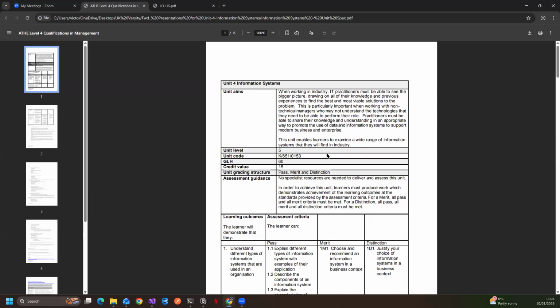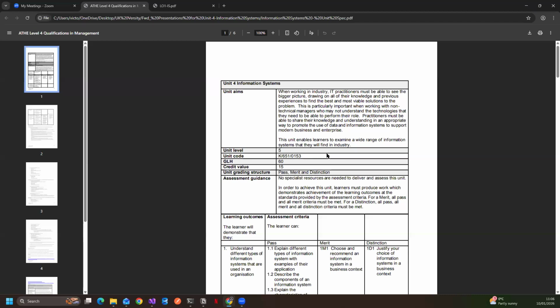So this is a level 5 qualification, and we're now covering our unit number 4. The unit aim is that when working in industry, IT practitioners must be able to see the bigger picture, drawing on all the knowledge and previous experience to find the best and most viable solution to the problem.